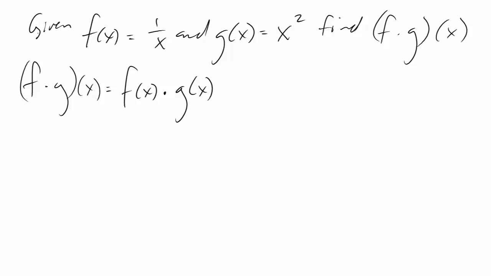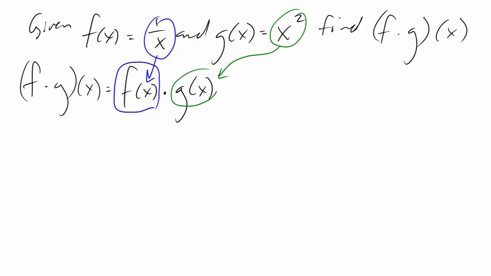We know f of x is equal to 1 over x, so we'll plug that in for our f of x here. We know g of x is equal to x squared, so we'll substitute that in here, which will leave us with 1 over x times x squared.